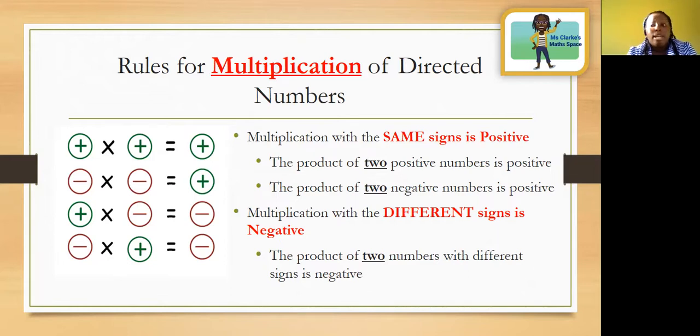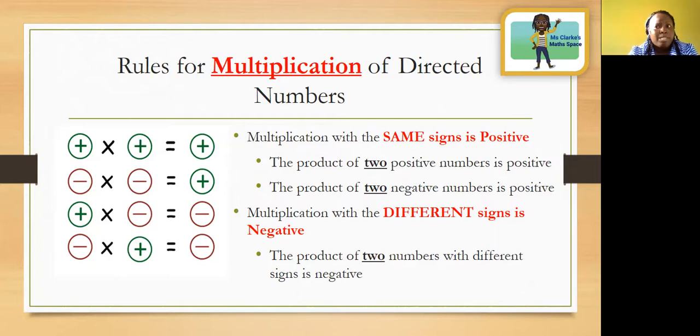Similarly, if you have two negative numbers and you multiply them, you would get a positive result. Strange, but very true. So let's think of two negative numbers. Say negative 5 and negative 3. And negative by negative is a positive. And 3 by 5 would be 15.